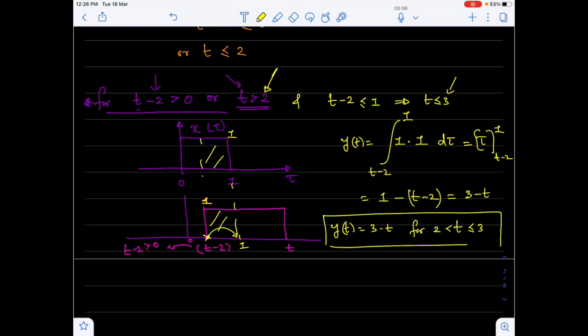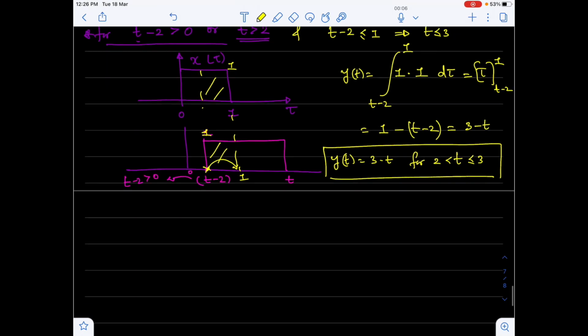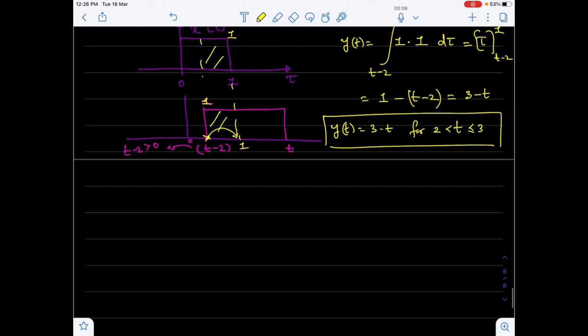Next is the situation when t minus 2, that means this point, crosses 1. When t minus 2 is greater than 1, it implies t is greater than 3.